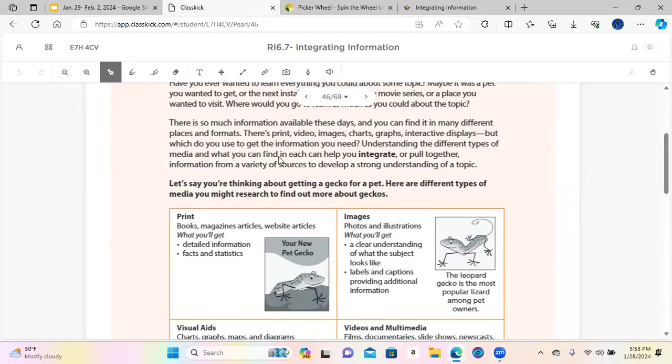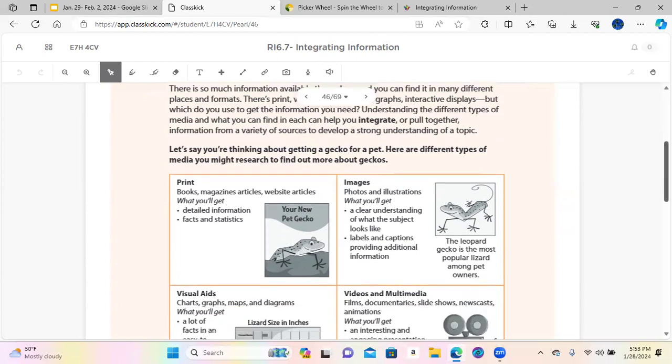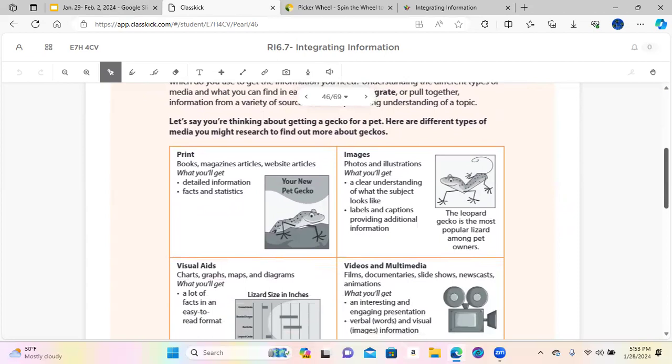Understanding the different types of media and what you can find in each can help you integrate or pull together information from a variety of sources to develop a strong understanding of a topic. Let's say you're thinking about getting a gecko for a pet. Here are different types of media you might research to find out more about geckos.